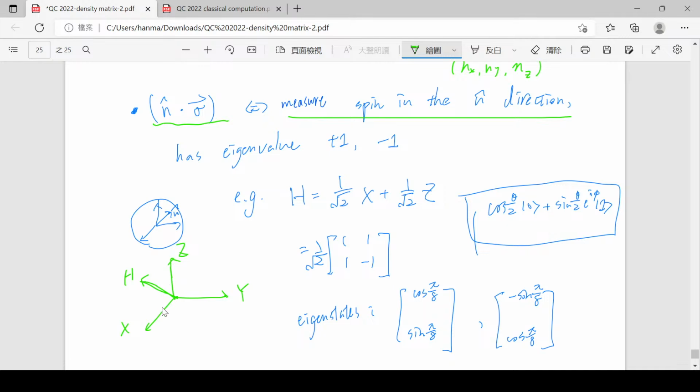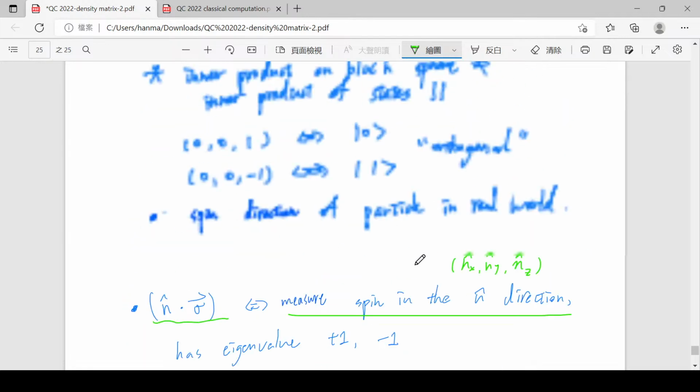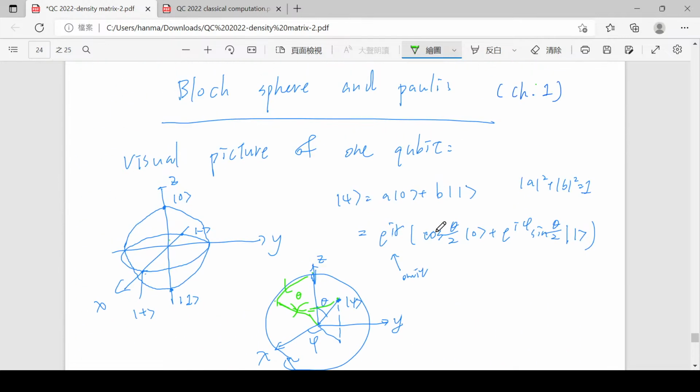This is 45 degrees on the xz plane, and it's measuring in this direction, and then its plus 1 eigenvalue will be this point on the sphere, and the minus 1 eigenvalue will be this point on the sphere. And then you can look up this formula here to read out what the eigenstates are.